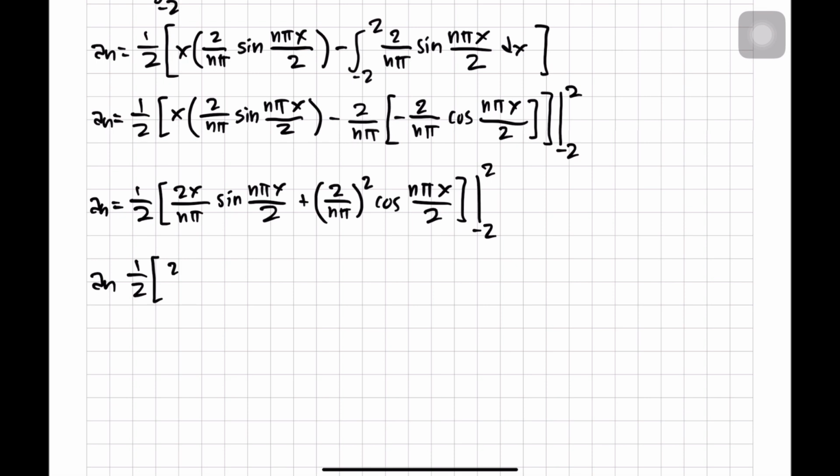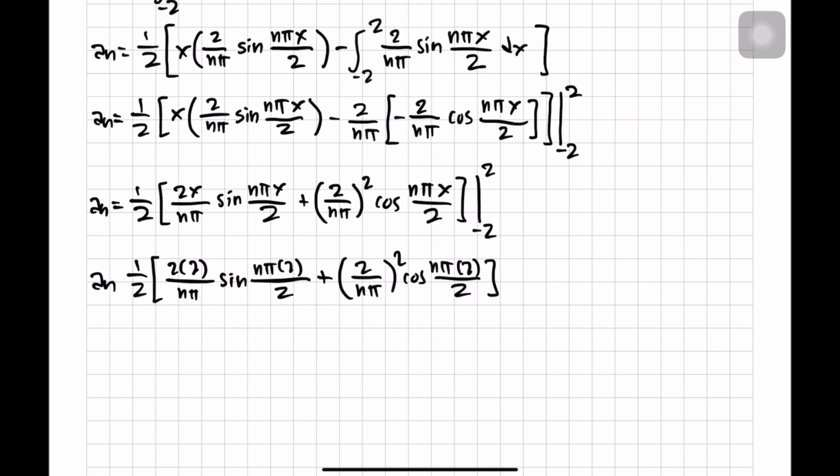That's 2, 2, 2, that's 4 over n pi sine(n pi 2 over 2) plus 2 over n pi squared cosine(n pi 2 over 2).